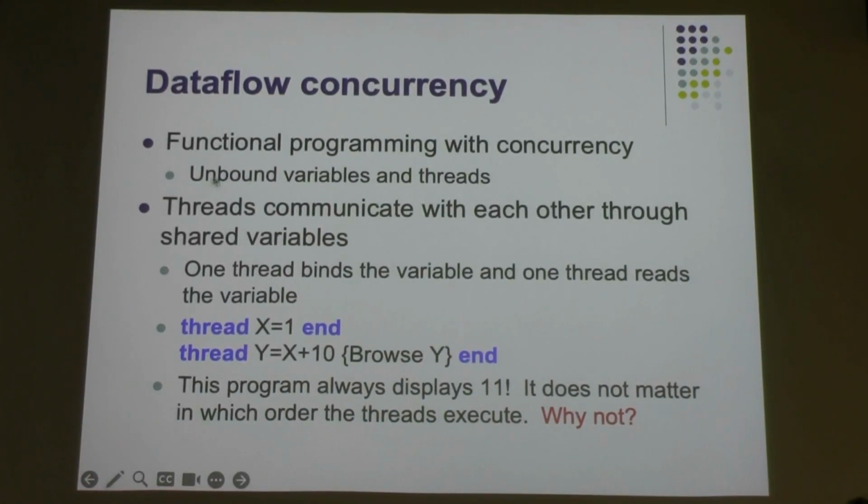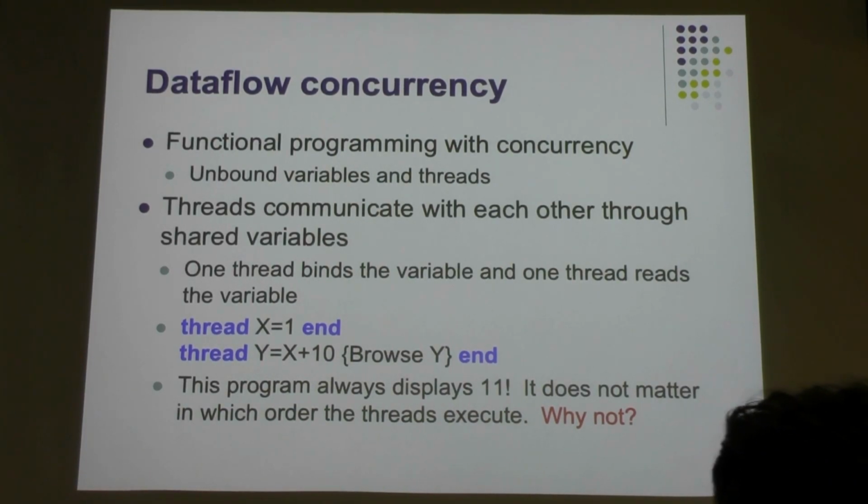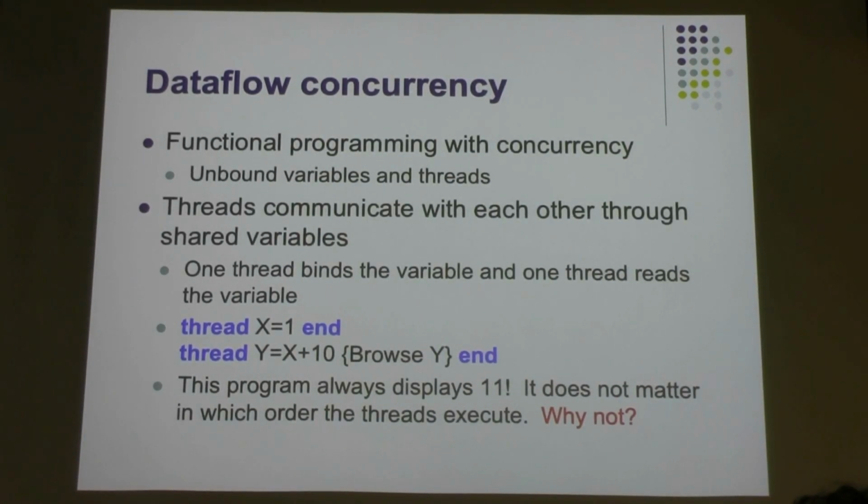So you add threads to functional programs, and you also have the unbound variables, the single assignment variables, and we saw how to make concurrent agents. And the way it works is by using a data flow concept. Data flow is a very powerful way of doing concurrency, which is, again, becoming more and more popular, mostly through big data analytics tools.